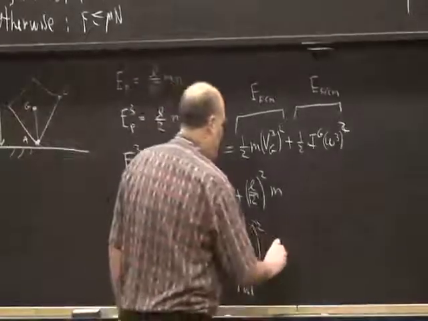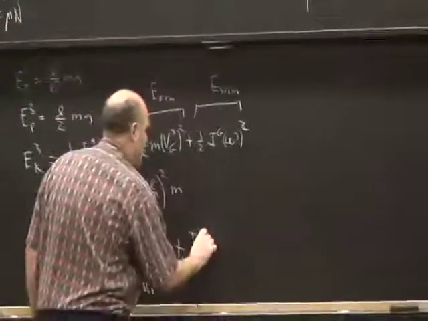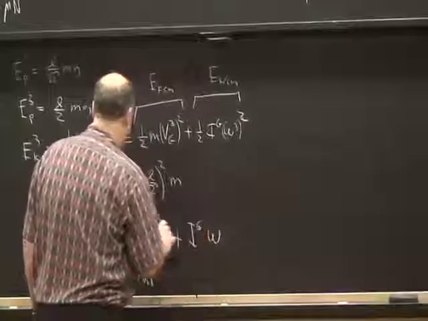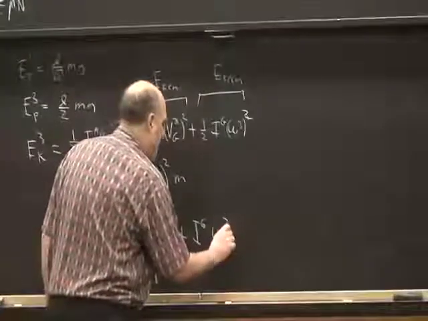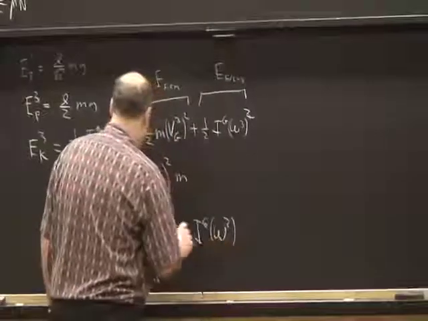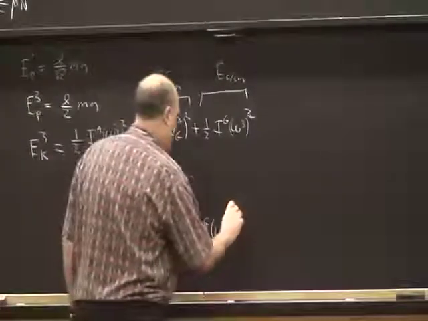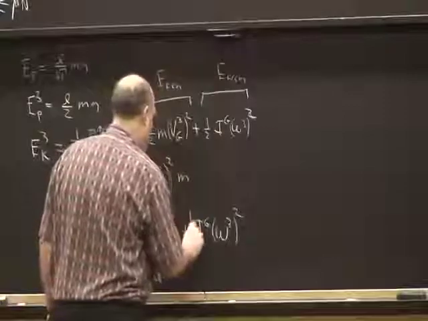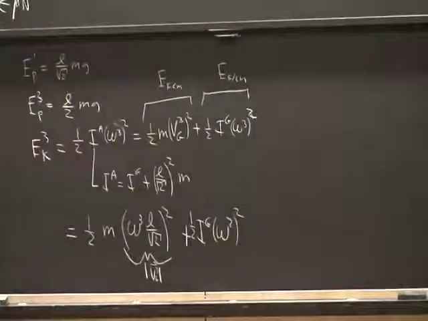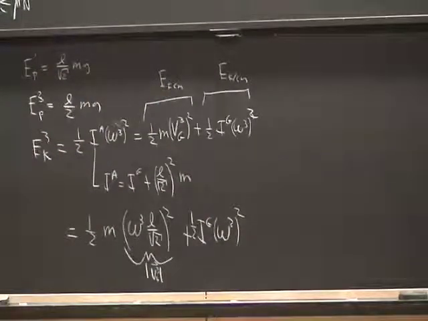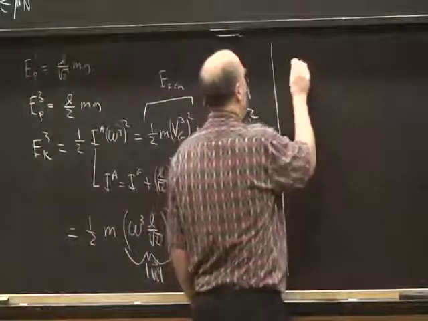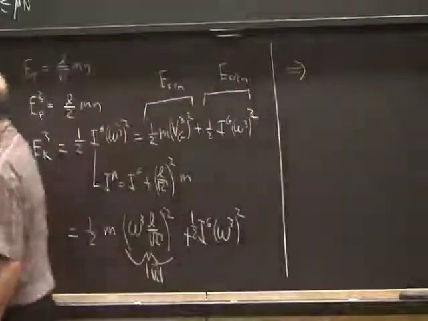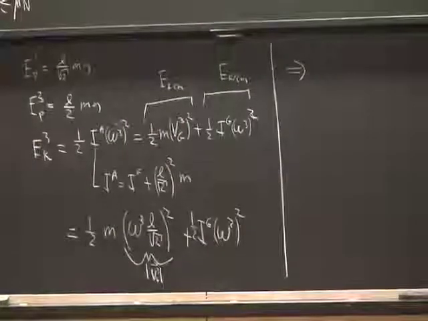And then we have plus I_G, and then we have our omega. This is omega 3, quantity squared with a 1/2. Okay, so we can write this whole thing then as a formula from which we can calculate omega 3.